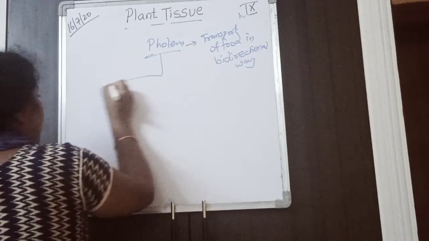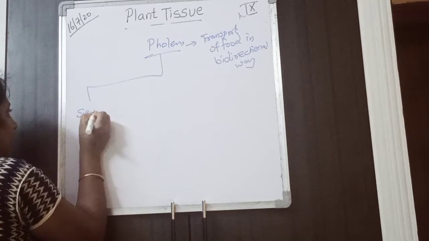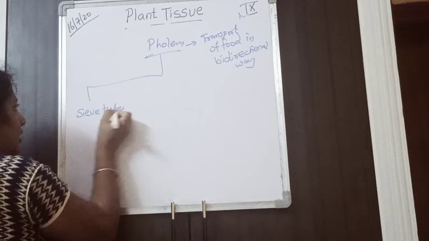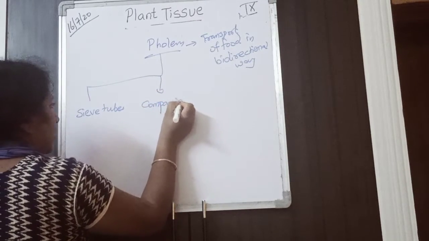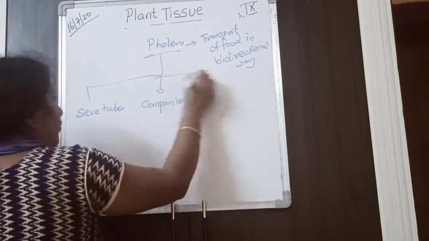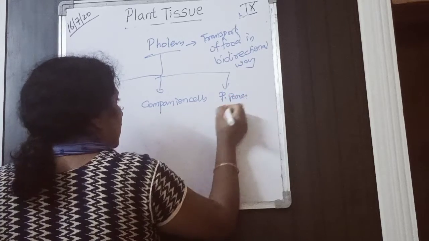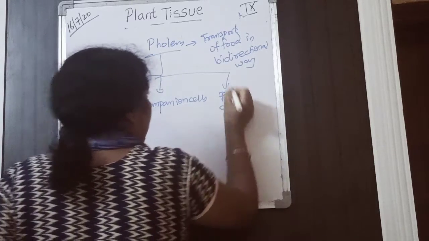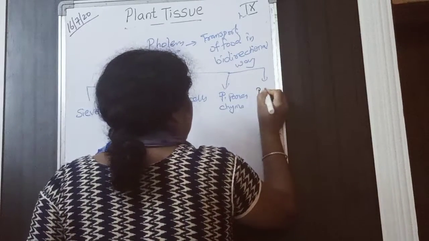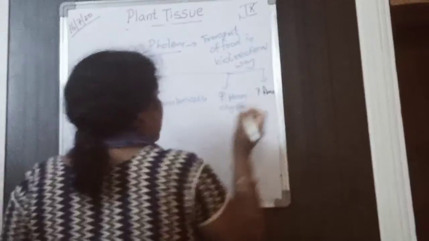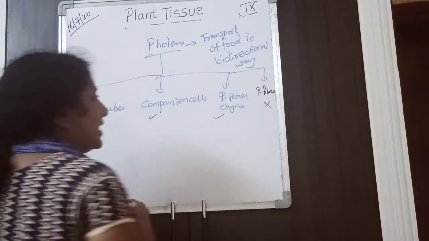Okay, now phloem is a type of vascular tissue, and it is made up of 4 types: sieve tubes, companion cells, phloem parenchyma, and the fourth one is phloem fibers. So all these 3 are what? Living cells, except this. This is a dead cell.